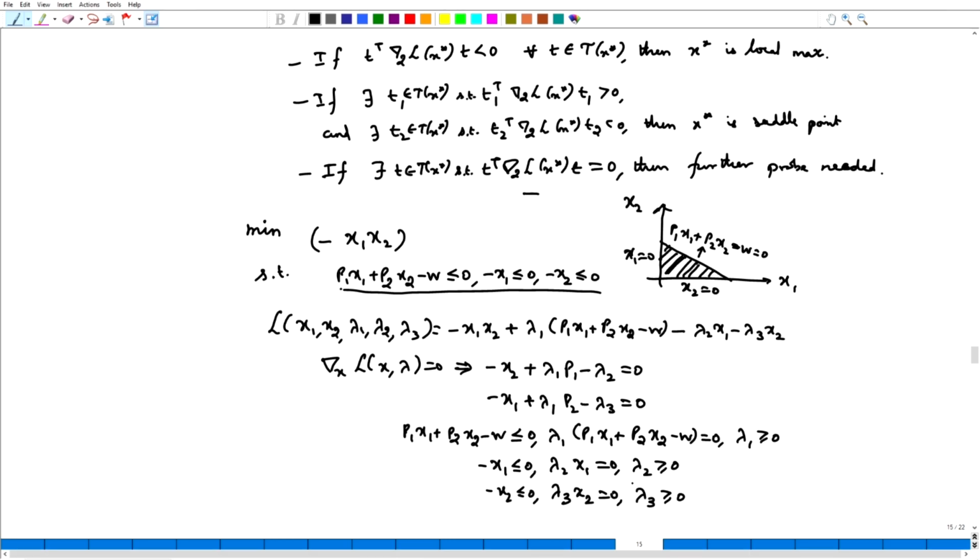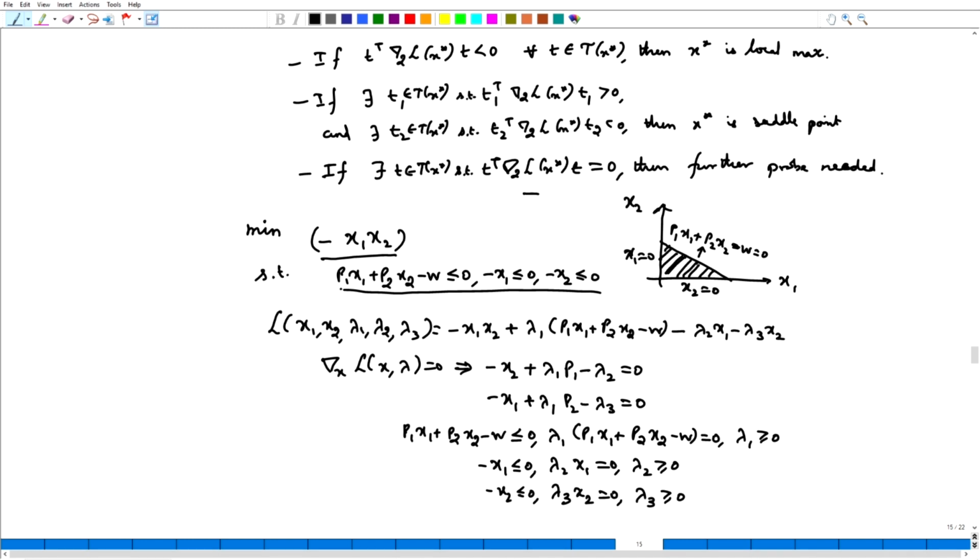So, when you do it for this set of constraints, one thing that we need to understand is that when you minimize minus x1 x2 or maximize x1 x2, this value increases as you increase x1, right.